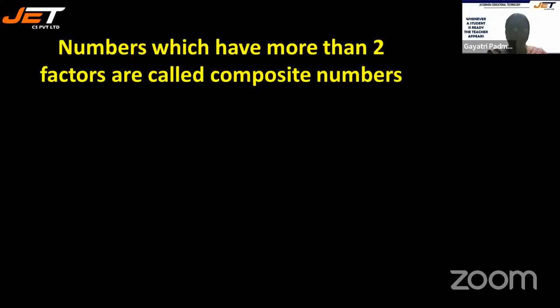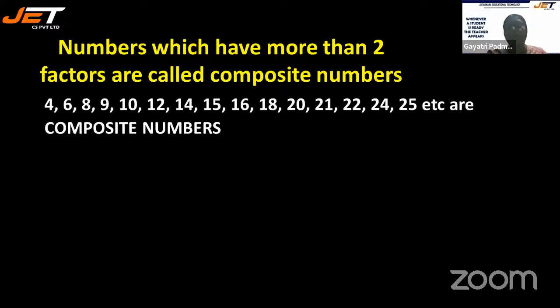So, numbers which have more than 2 factors are called composite numbers. For example, 4. Other than prime numbers, they are all composite numbers. Because prime numbers have only 2 factors, 1 and the number itself. For example, 1 and 2. So 1 2s are 2, 2 1s are 2. So only 2 factors.